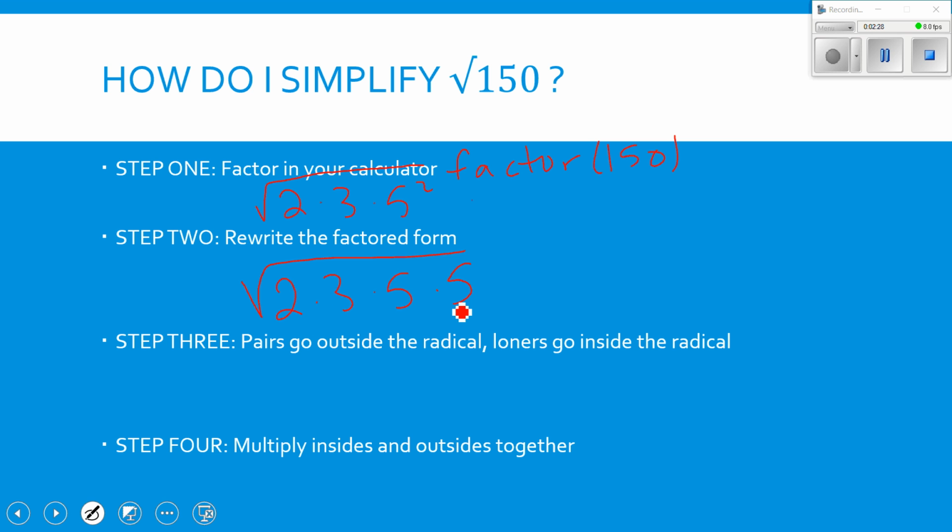And again, we're going to couple up. Couples get married and leave the house as one. Singles stay on the inside. Now, if you have anything left on the inside or things that pull out together, you're going to multiply them together. So 2 times 3 equals 6.